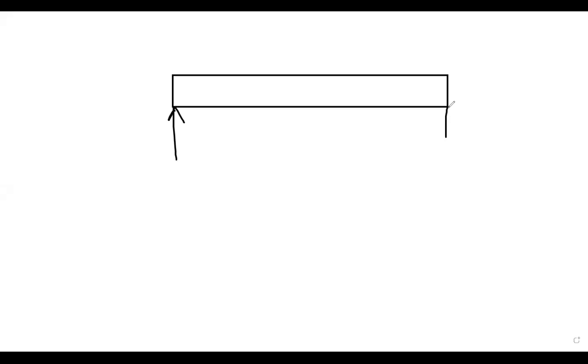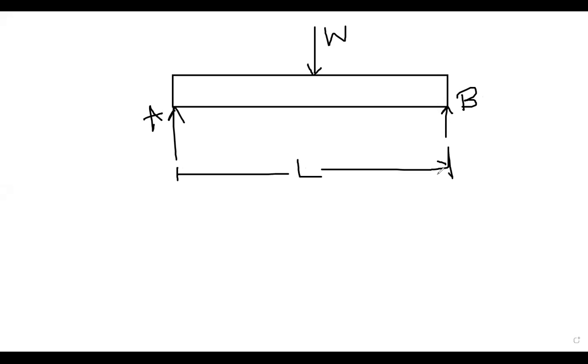Now, suppose you consider a beam, that is a simply supported beam, or maybe a cantilever beam, or maybe a continuous beam. So what is plastic hinge? If you apply loading on the beam, suppose W, span is AB, L. The load is applied at the center.